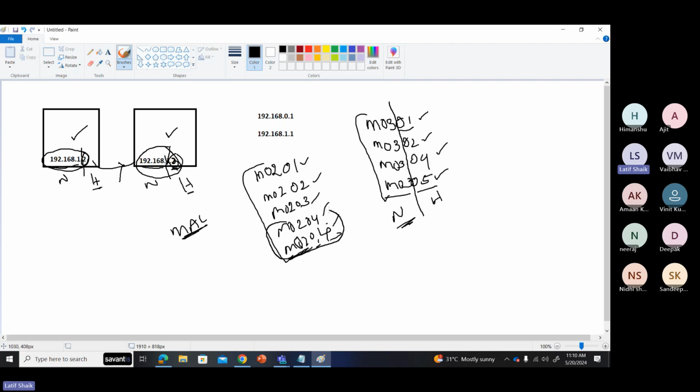Can you tell what will happen if I put the same number for both systems like this? Collision. Yes, it is a conflict. For example, this person is Shiva and this person is Ram.